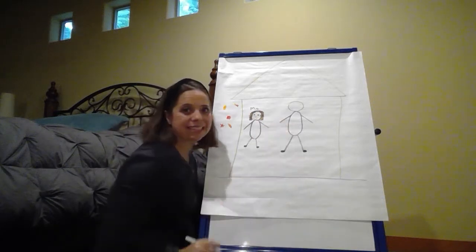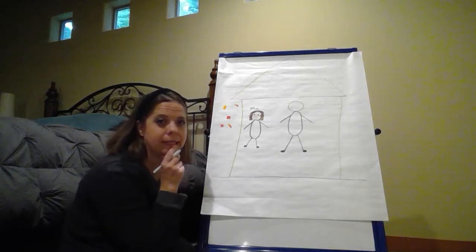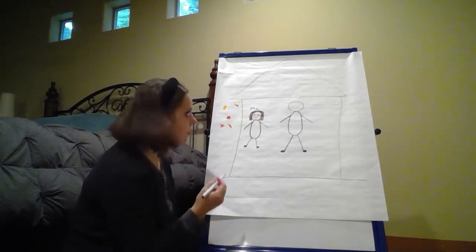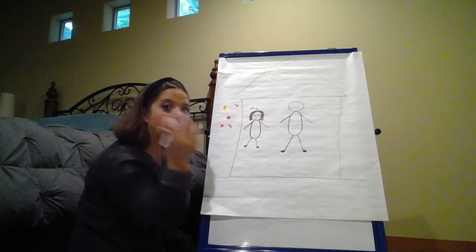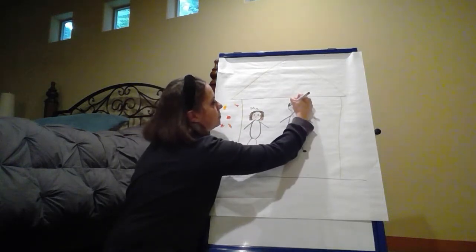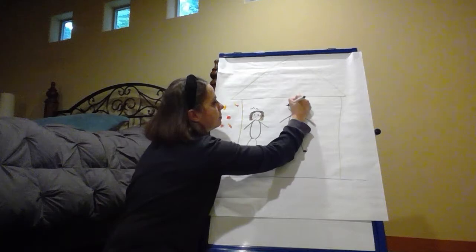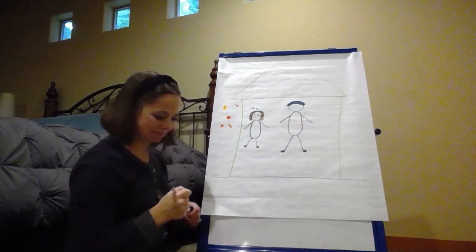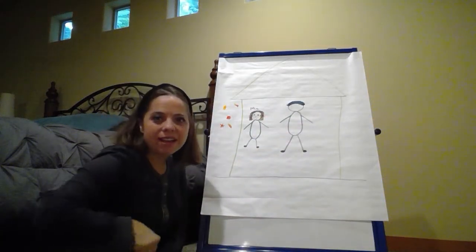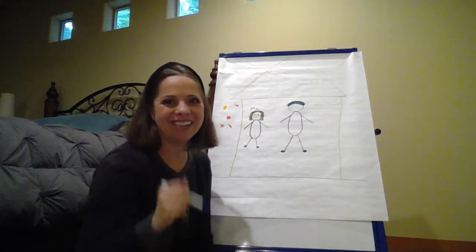Now, I need to add some details to make it look more like him. So I'm going to think about what he looks like. He has shorter, darker hair, so I'll use my black marker to draw his hair. There. Now, his eyes are this blue color.